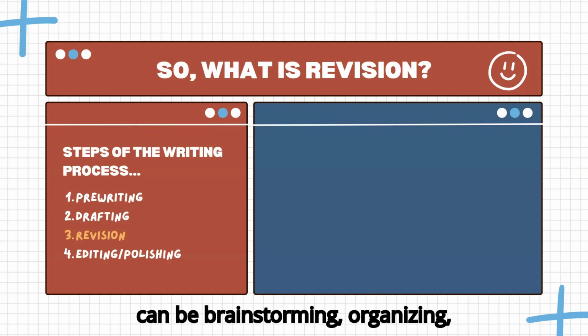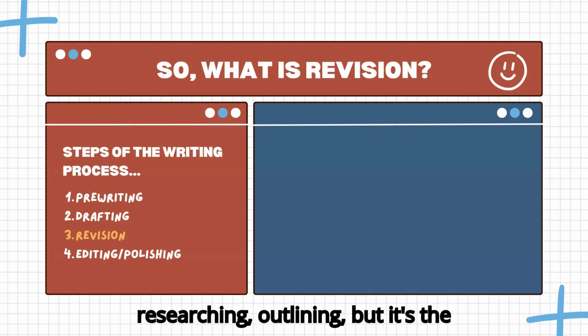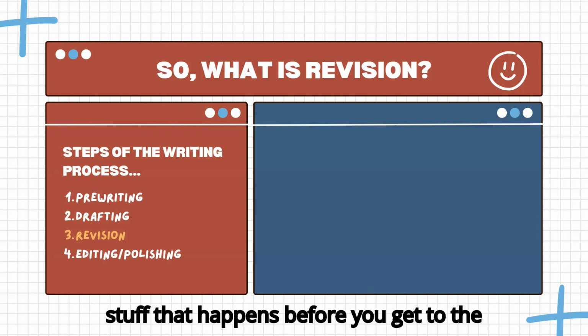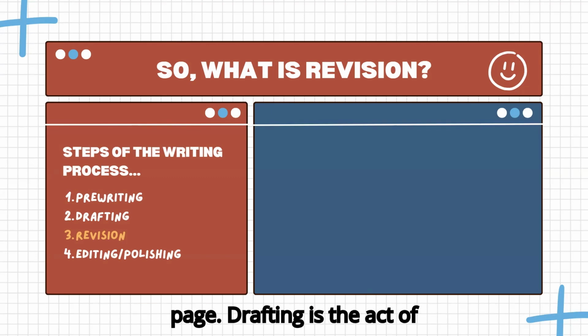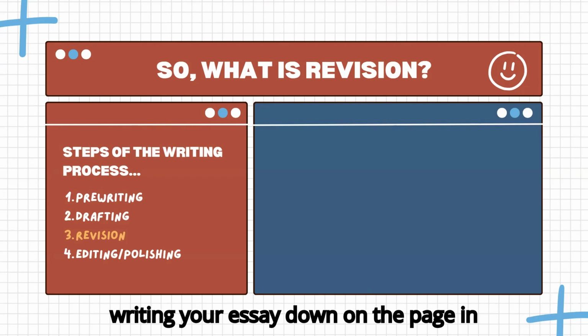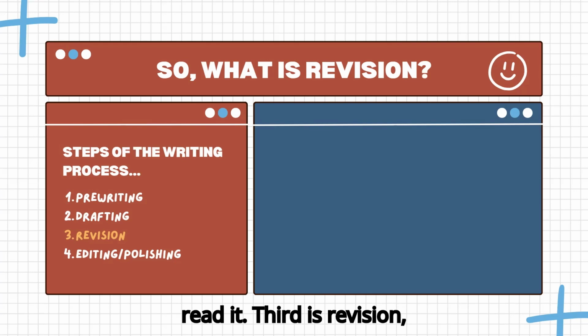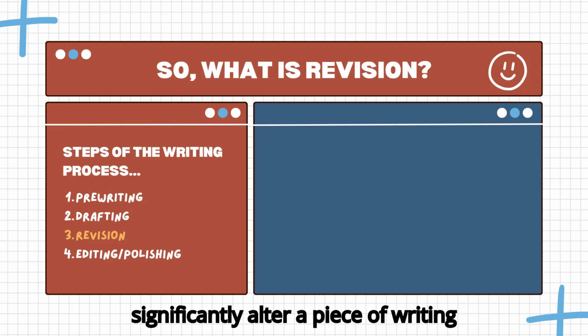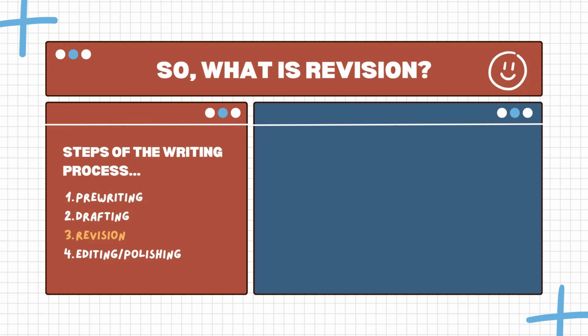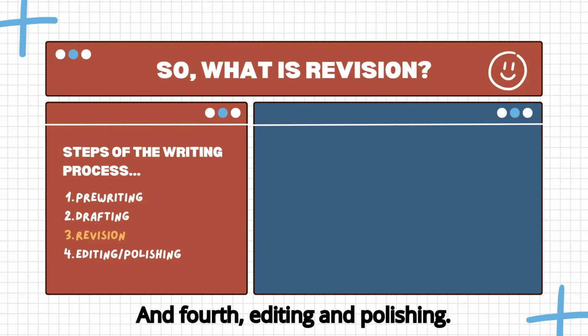So this can be brainstorming, organizing, researching, outlining, but it's the stuff that happens before you get to the page. Drafting is the act of writing your essay down on the page in the way that your reader will read it. Third is revision, which is when you meaningfully or significantly alter a piece of writing after it's been written. And fourth, editing and polishing.